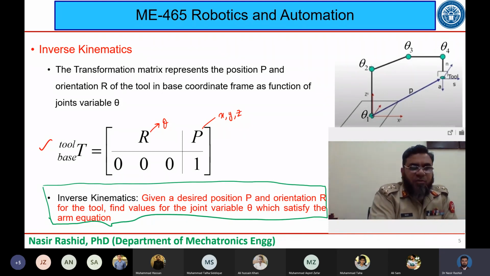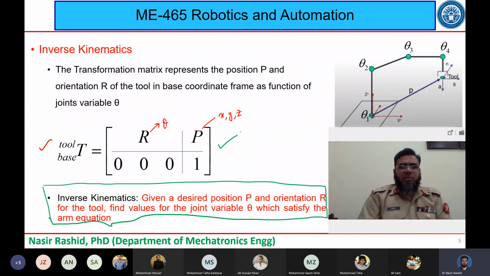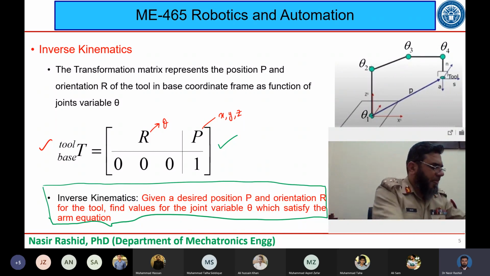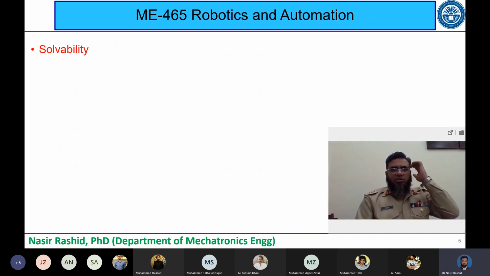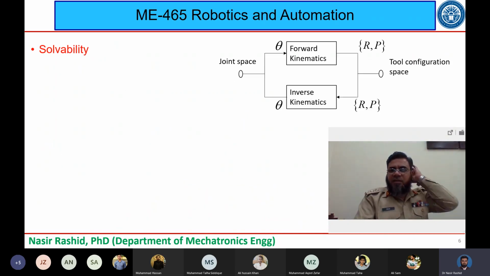Actually, this is the arm equation. And why do we call it the arm equation? Because each value here corresponds to a certain numerical number, and that becomes one equation. Now we will talk about how these equations appear to us and how we form them. Okay, so we were looking at solvability.